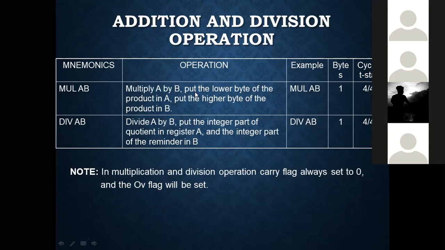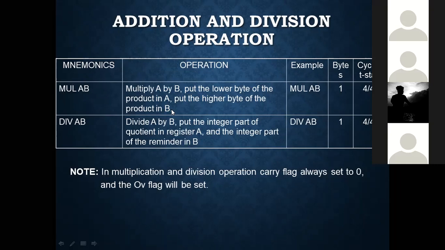Multiply A by B, put the lower byte of the product in A, and put the higher byte of the product in B. For example, MUL AB. Before the instruction, if the A register contains A5H and the B register contains 5AH, after the instruction, what will be there?